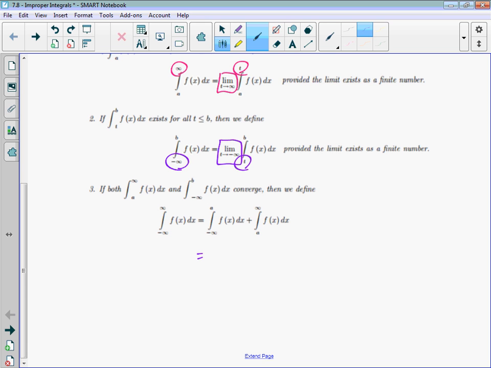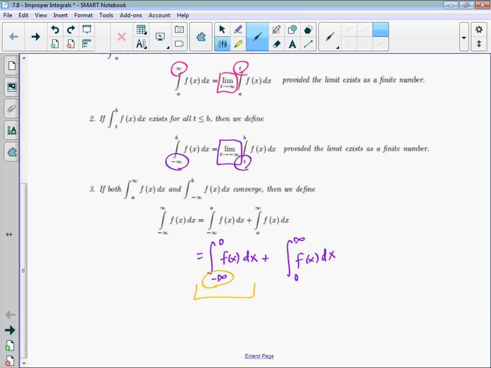What you want to do is split that up, and you want to go from negative infinity to a number. And usually I just pick that number to be 0 because it's the easiest thing to plug in. But you could pick any value there. And then you'd take the integral from 0 to infinity. And then you would replace the negative infinity with a t.